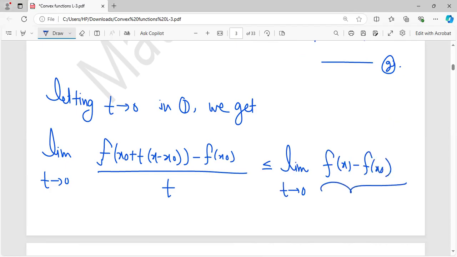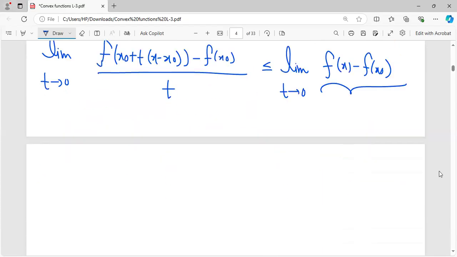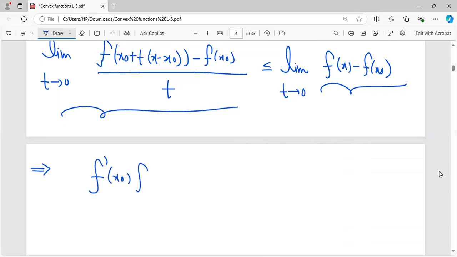But this is constant. It does not depend on T. So it will be the same as it is. So both the limits exist. The left hand side, what is this limit? This is f dash x naught times x minus x naught, less than or equal to f x minus f x naught.